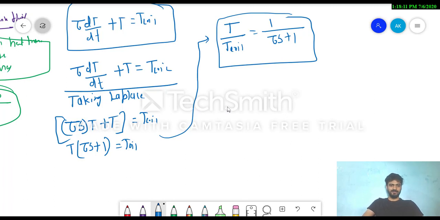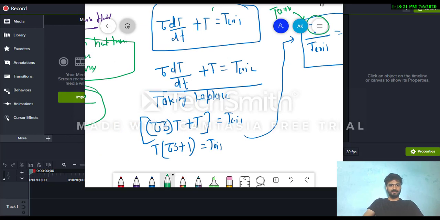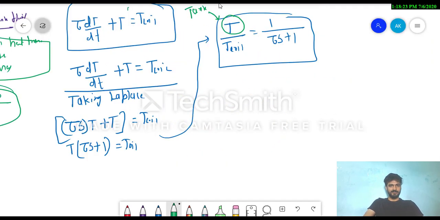Now understand what the actual significance of this is. T is the tank temperature, and T coil is the coil inlet temperature.